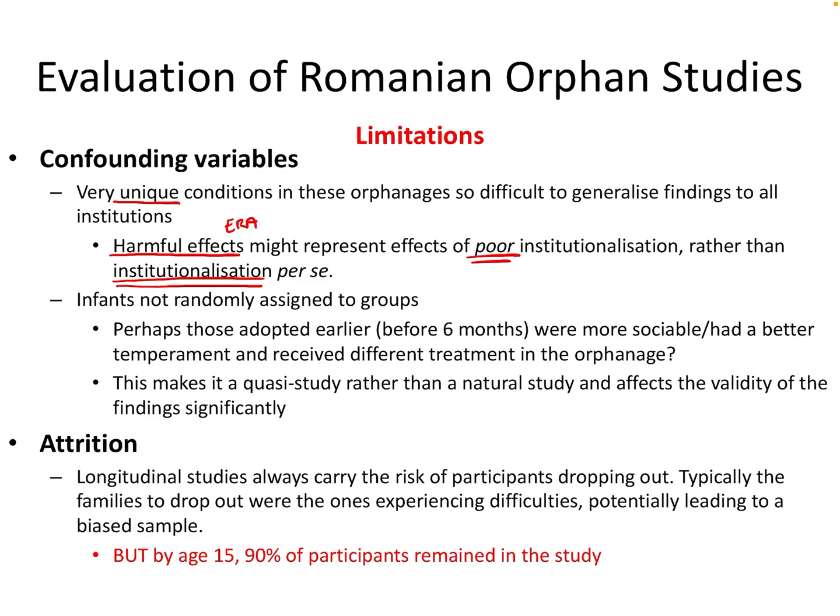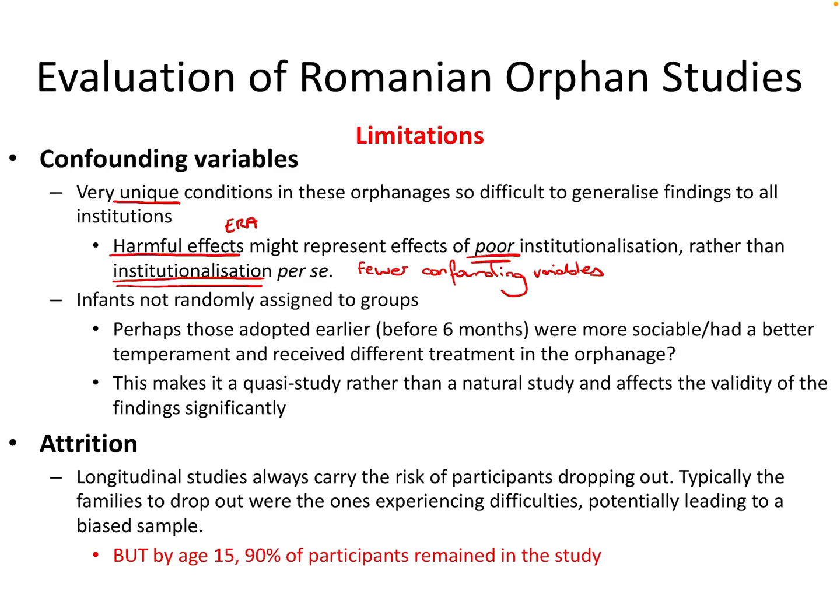Now, the Romanian orphan studies were an improvement on previous studies, and in some respects they actually had fewer confounding variables. If we think about who these Romanian orphans were, these were children who had parents who just couldn't afford to keep them in most cases. Previous studies looking at orphanages had focused on orphanages in the UK where the children had suffered trauma from losing their parents in the war, for example.